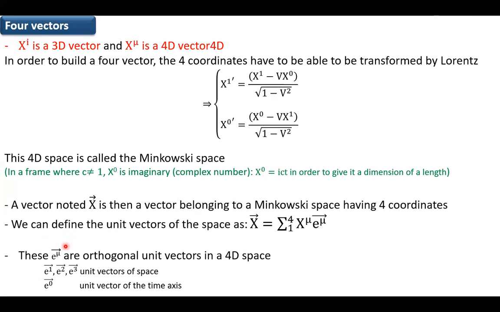All these unit vectors e mu are orthogonal in a 4-dimensional space. I don't know how to draw it on a screen in a 2-dimensional space. You have to imagine it. These 4 unit vectors are perpendicular to each other, so it's the 90 degrees in a 4-dimensional space.